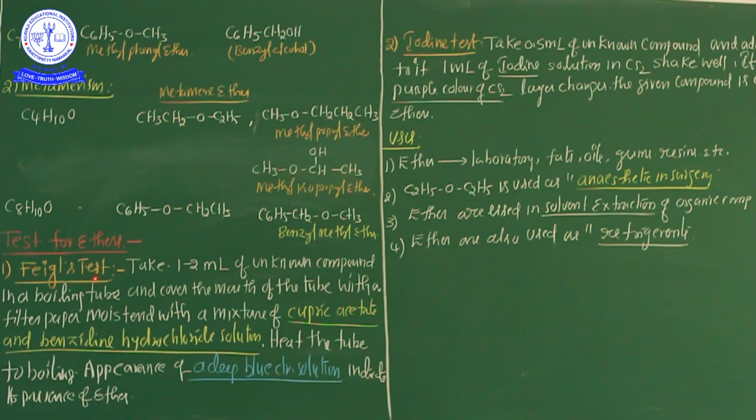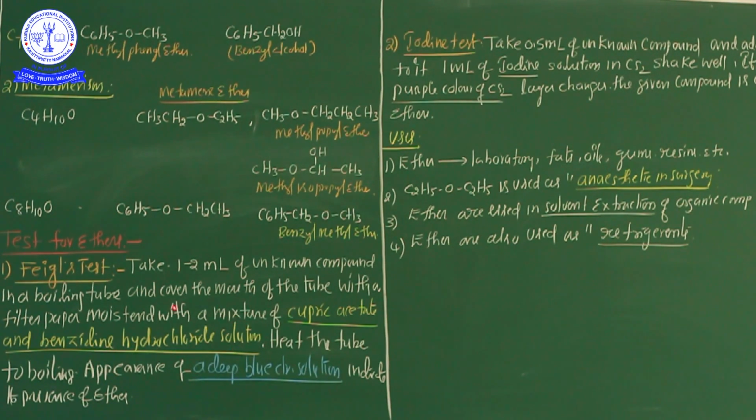First one, Fehling's... sorry, Fagel's test. The pronunciation differs, sometimes Fagel's test. In Fagel's test, take 1 to 2 milliliters of the unknown compound in a boiling tube and cover the mouth of the tube with a filter paper moistened with a mixture of cupric acetate and benzidine hydrochloride.